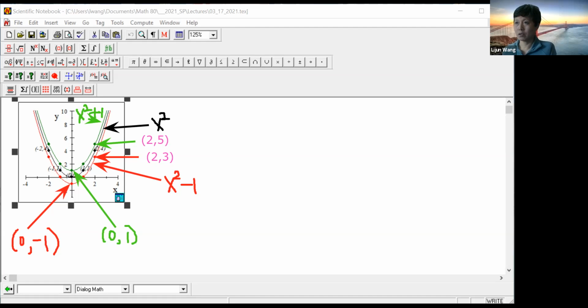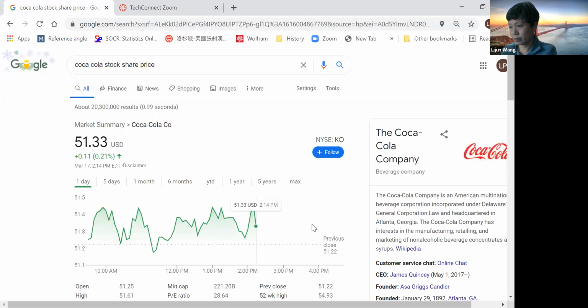I'm going to change the site. I'm going to show you a picture, which is the Coca-Cola stock share price. I was trying to find you a picture about housing price, but it takes a while. So I'm going to show you this picture.